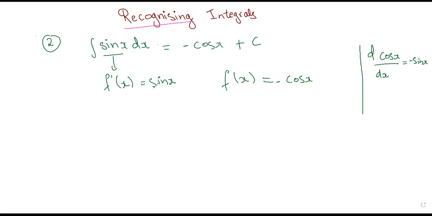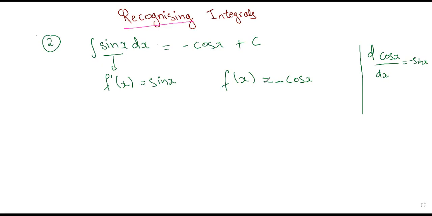We know that the derivative of cos x is minus sine x, but here our question was a bit different. We had sine x only, so we need to modify things that way.